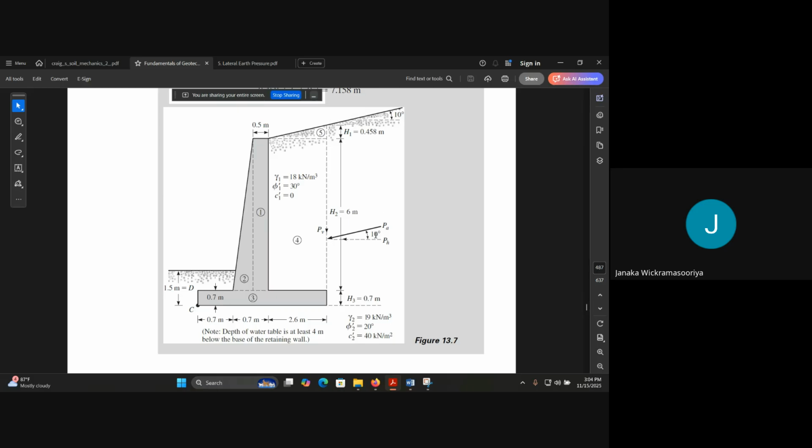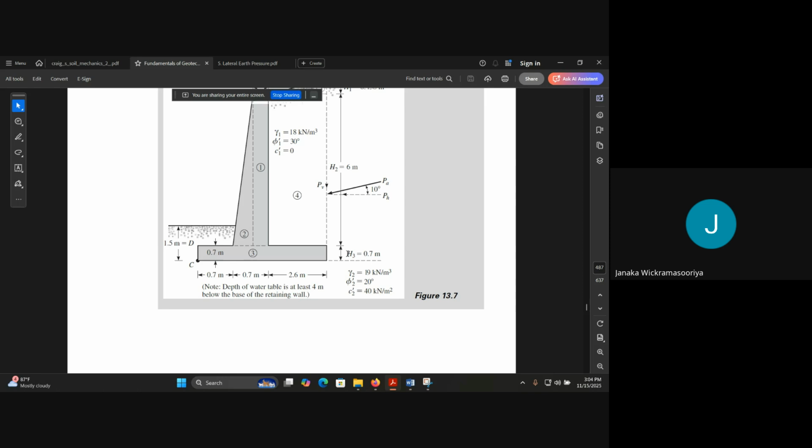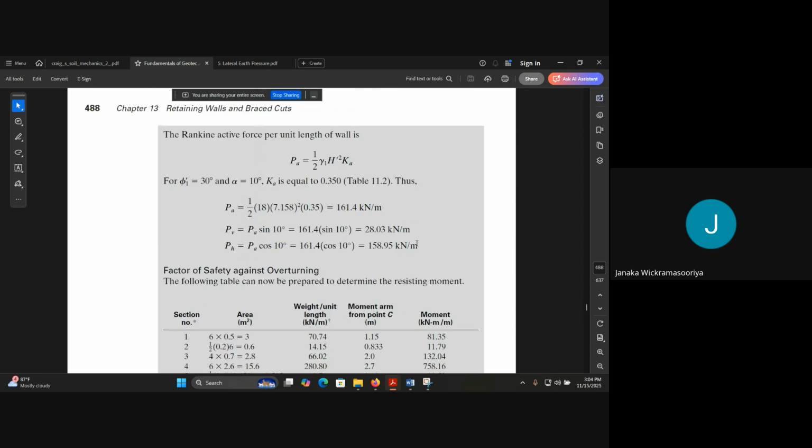So this PA can be resolved in the horizontal and vertical directions. That is how they have done this one. So please come up to this point, and if you need clarifications anywhere, please ask. Right?